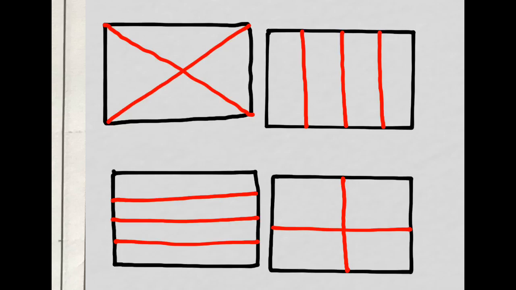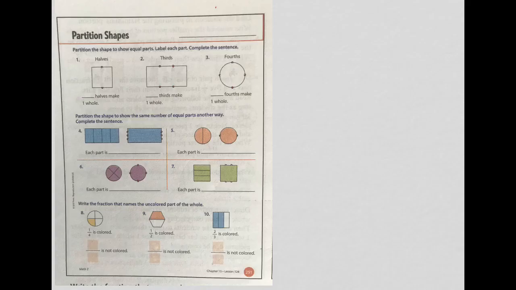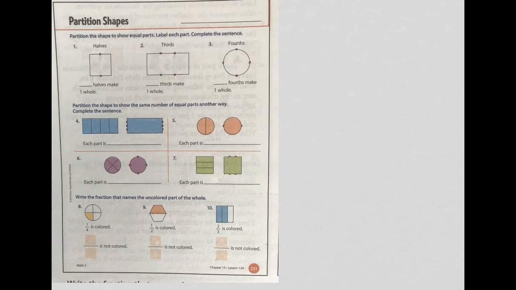All right, so let's go back to our first page. Okay, so you want to make sure that you have your workbook page 251, partition shapes, because that's what we're going to be doing.